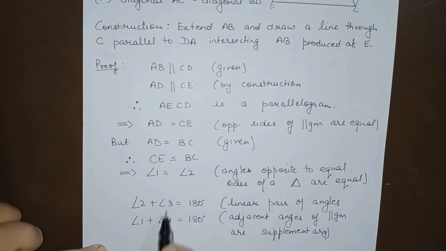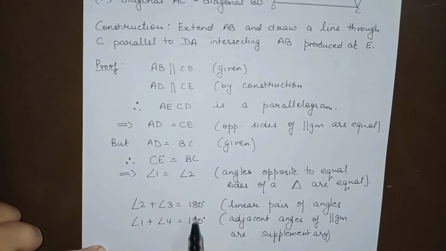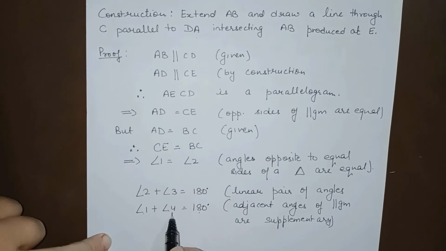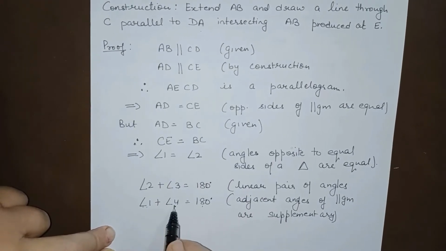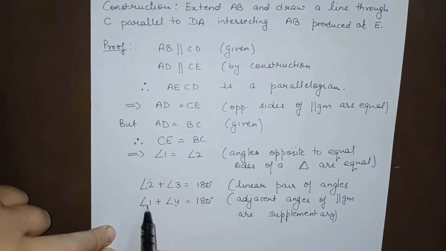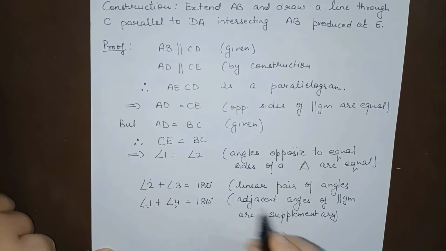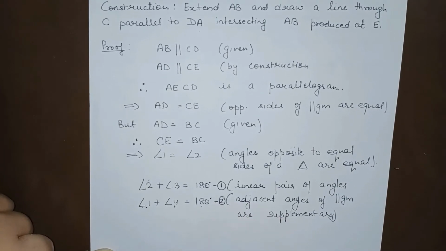Now compare these two equations. In these two equations, 1 is equal to 2, and 180, 180. So we have angle 3 equals angle 4. See, 2 plus 3 is 180 degrees, 1 plus 4 is 180 degrees, but 1 and 2 are equal. Therefore 3 and 4 are equal. We can write this as equation 1, this as equation 2.